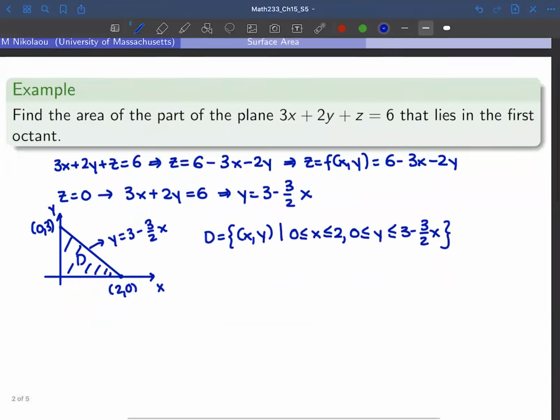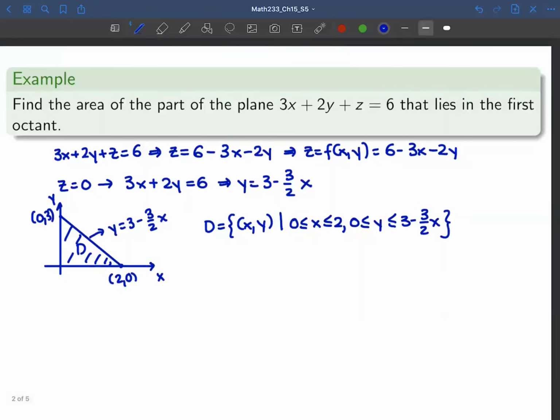What we need to find is the area of the surface of the plane that lies in the first octant. So if we sketch that, essentially what we need to find is the area of this triangle that lies in the first octant.